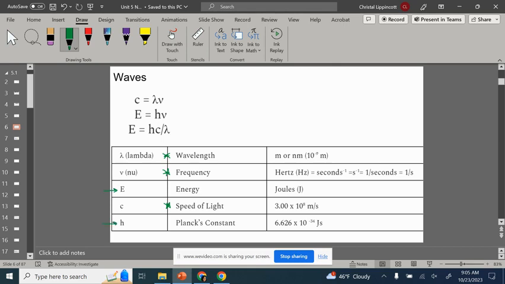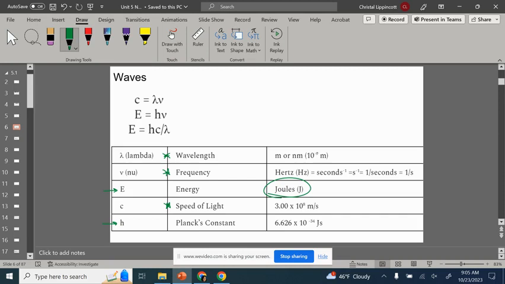So we have energy. Energy is measured in units called joules. And then we've got Planck's constant. So this is another constant where it is always going to be this number. So if you see H, you write that down for your number. You don't have to think about it.